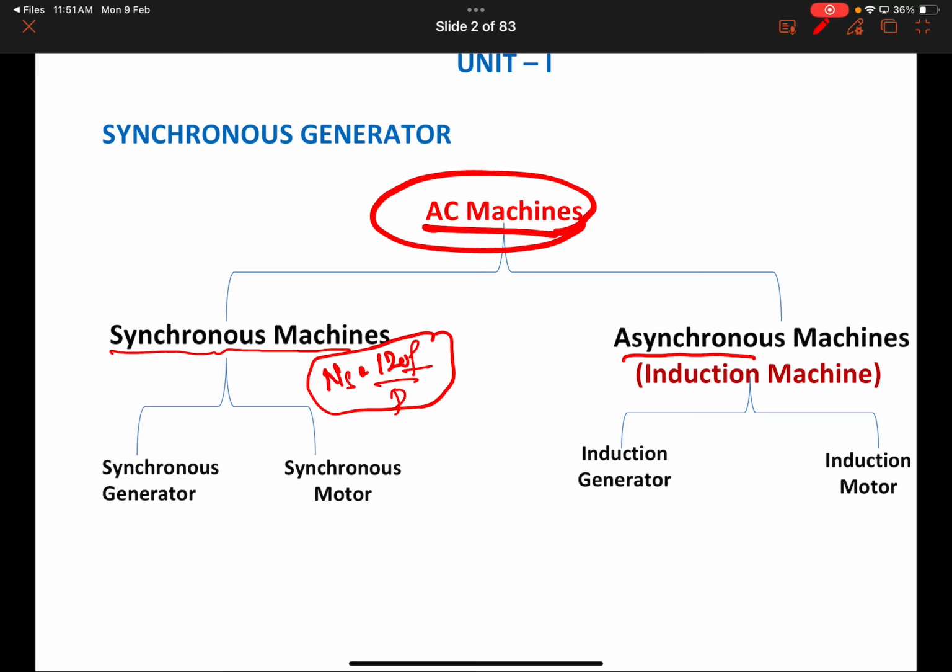So Ns equal to 120 F by P. An asynchronous machine rotates at speeds other than the synchronous speeds.